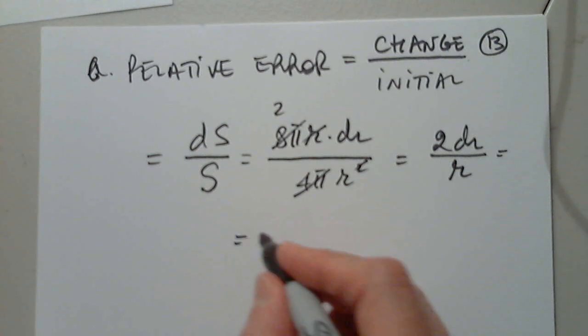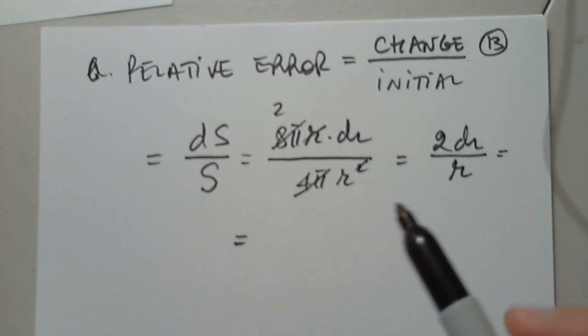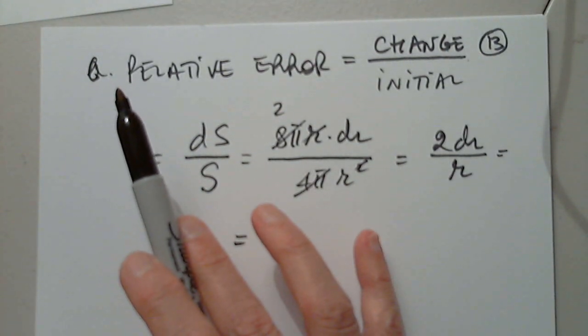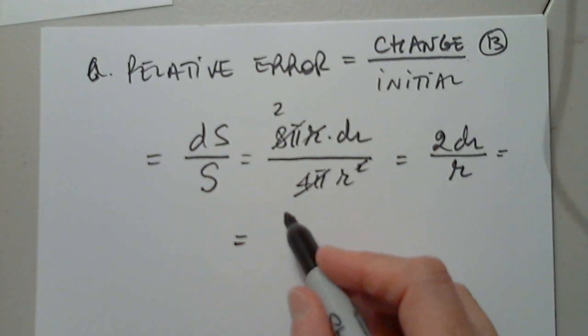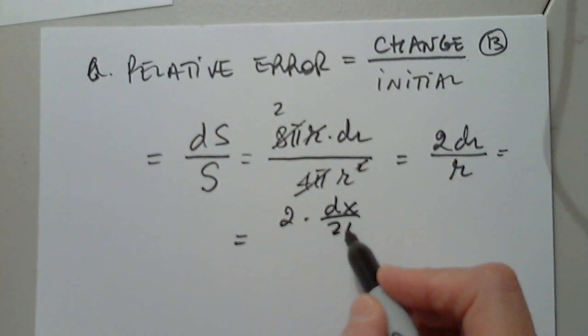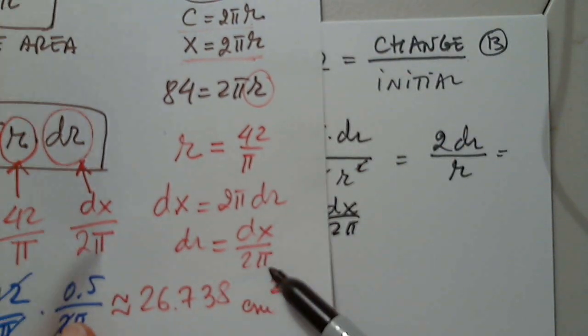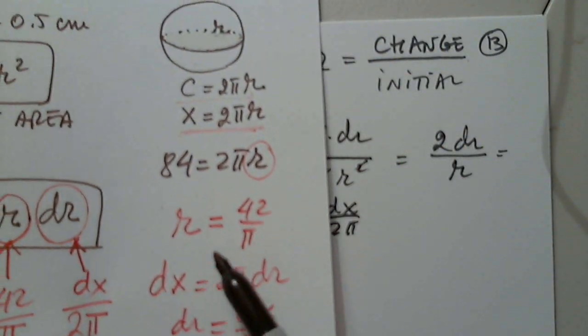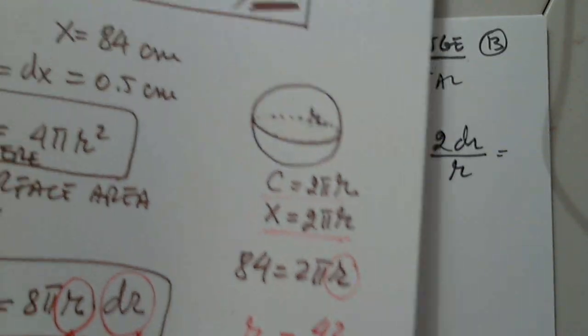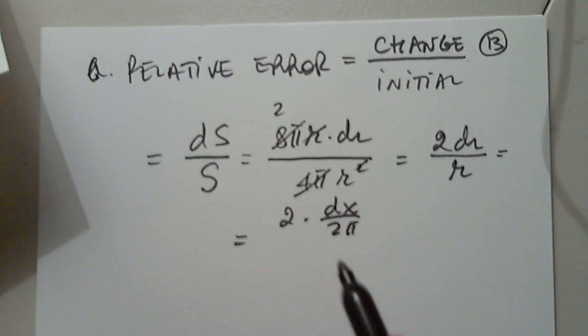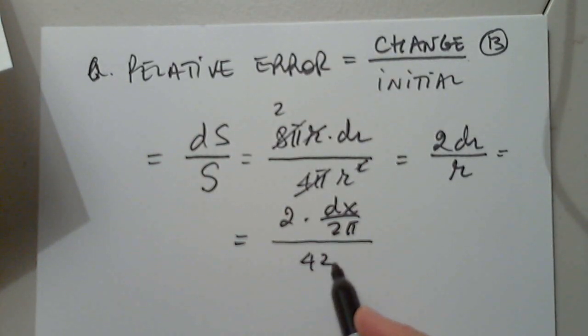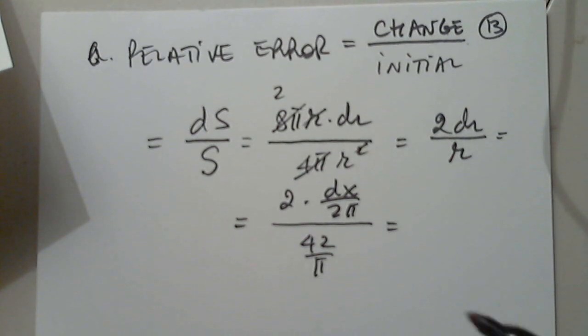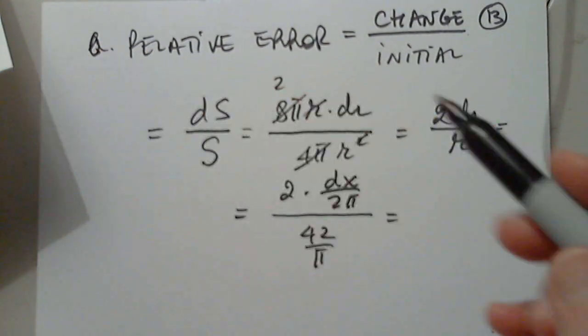So from here, I just have to plug them in. So dr was dx over 2 pi. So 2 times dx over 2 pi. We determined it here. dr was dx over 2 pi. And now r is 42 over pi. So dx was 0.5.